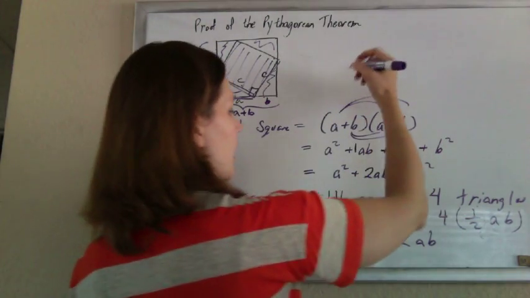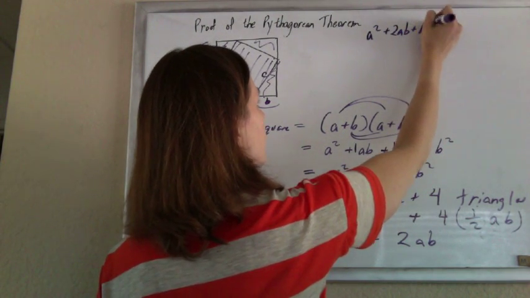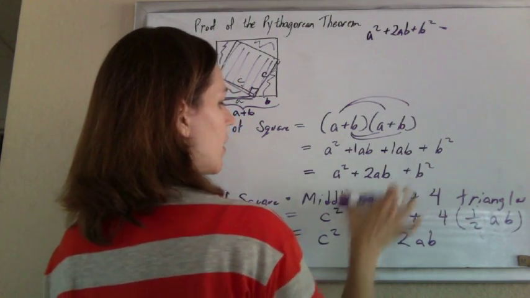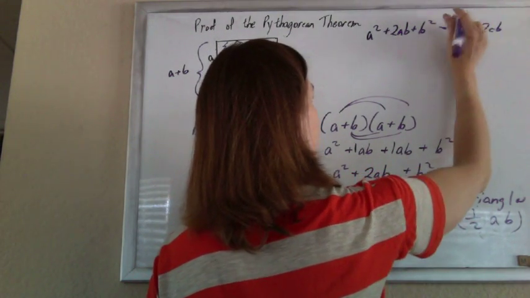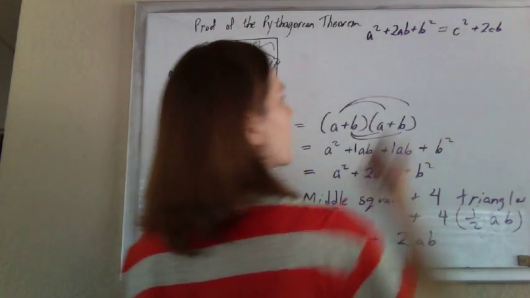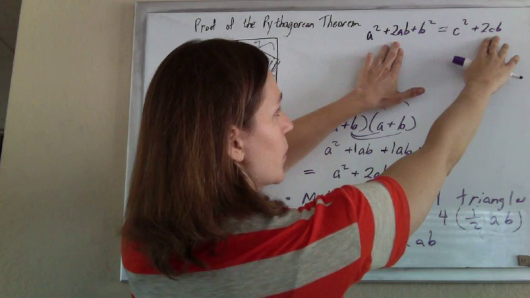So let's do that. A squared plus 2AB plus B squared, got that from there, should equal C squared plus 2AB. All right. Well now, if we just play with this a little bit, we got 2AB on both sides.